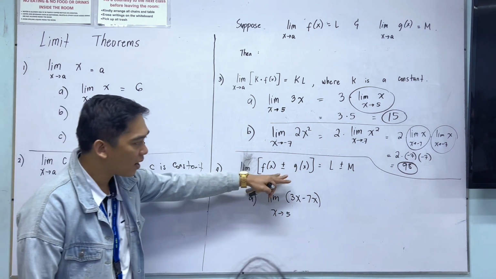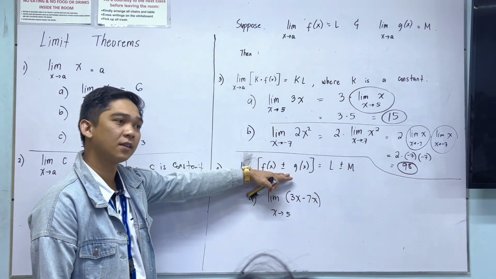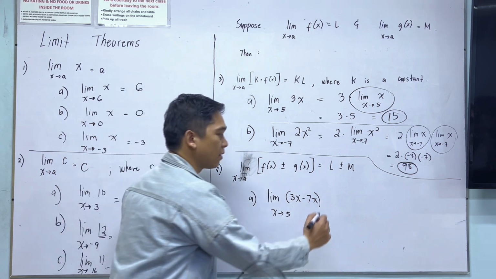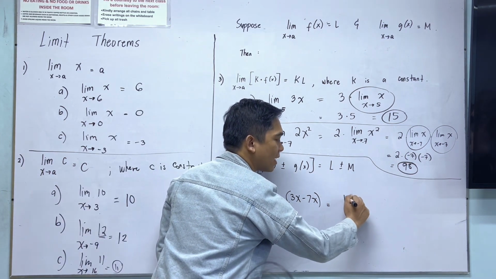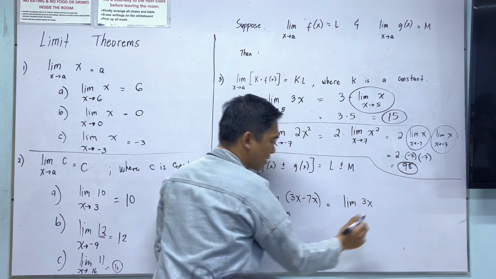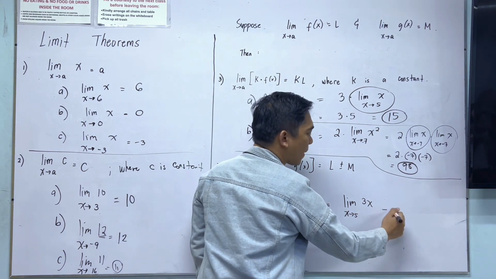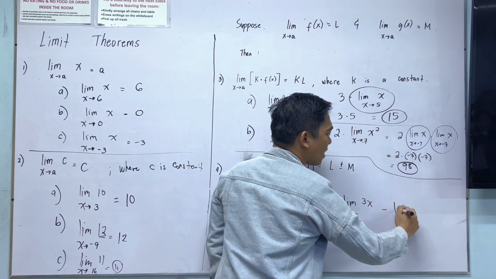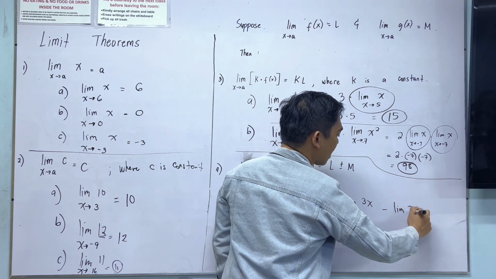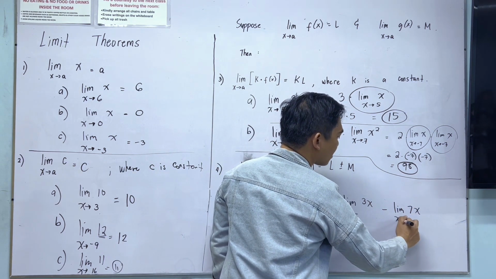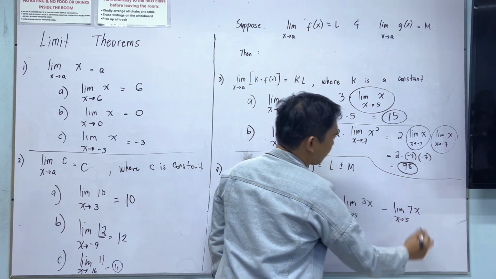Sabi niya, paghiwalayin daw muna natin. It can be written as limit of 3x as x approaches 5 minus limit of 7x as x approaches 5.